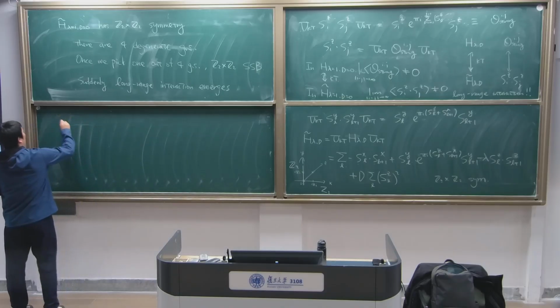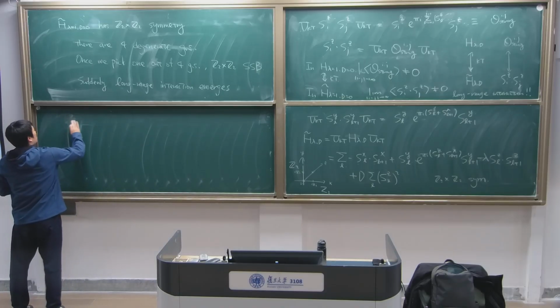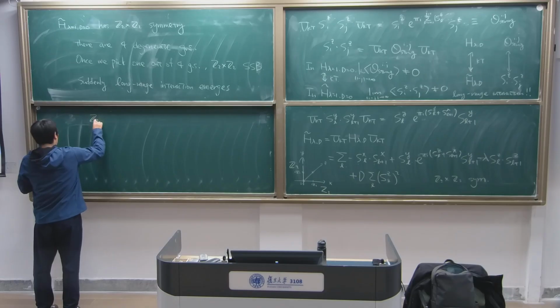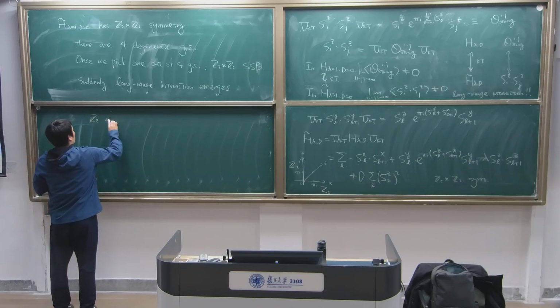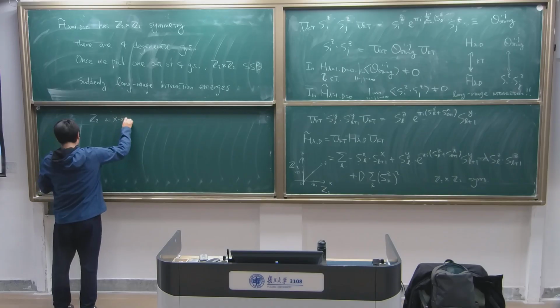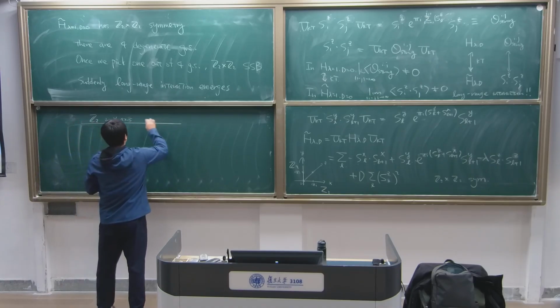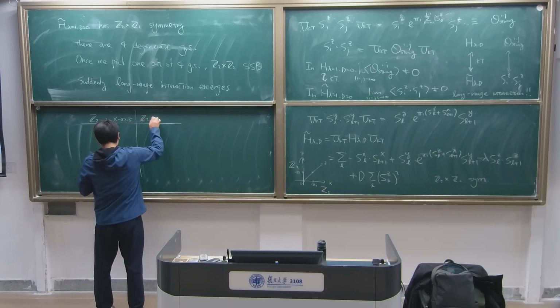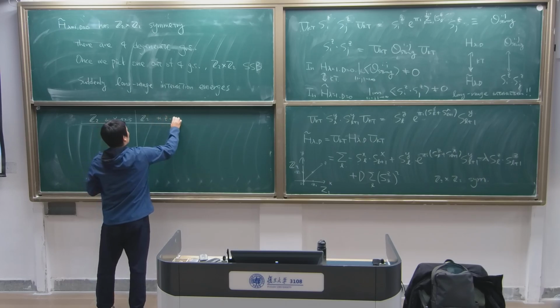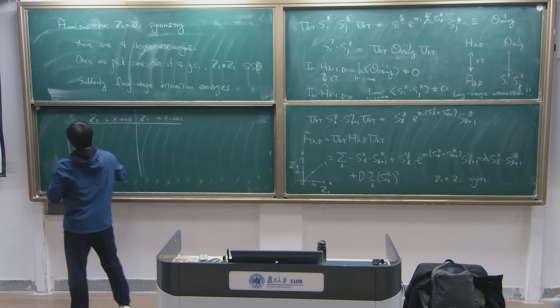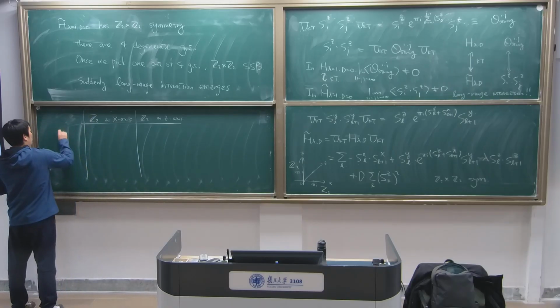So I just put a large number, so D2 in between x-axis, axis, and large D, or trivial, large D equals infinity, which is the trivial phase.